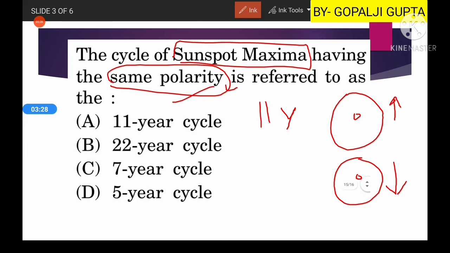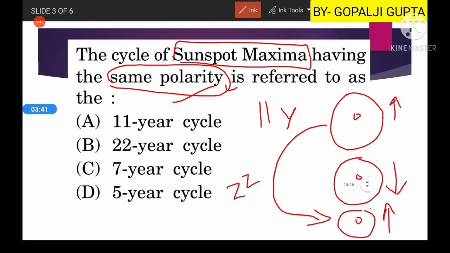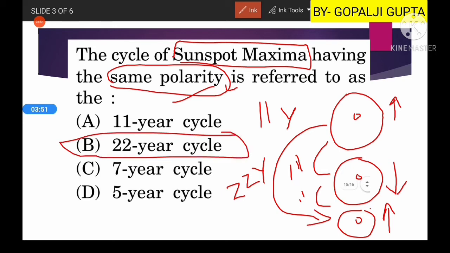So again after 11 years, there will be a sunspot maxima or solar maxima, and the polarity will reverse to this. So from here to here, we have spent 22 years. Okay, so this is 11 years and this is 11 years. Completely we have 22 years. So option B will be our right answer.